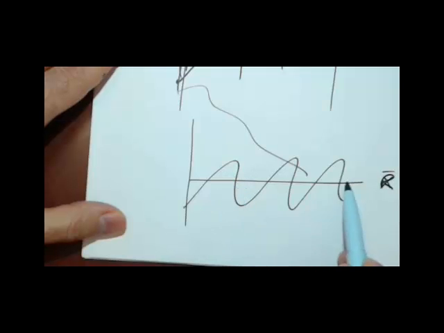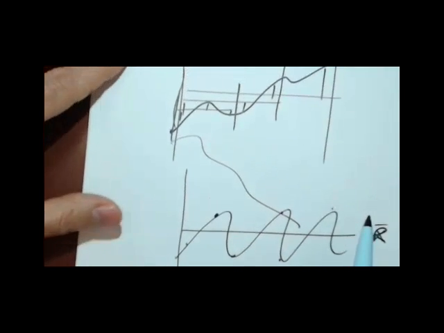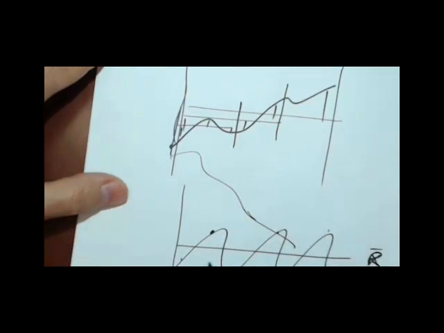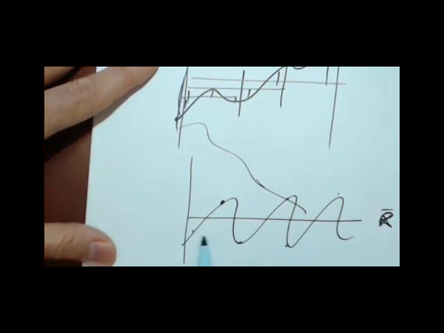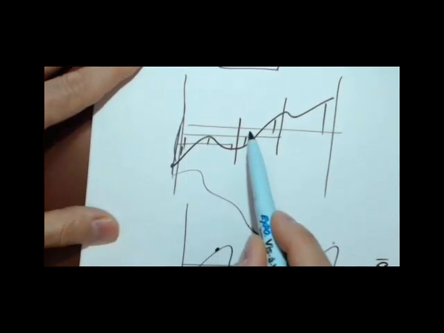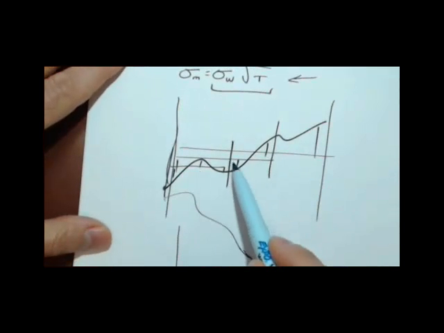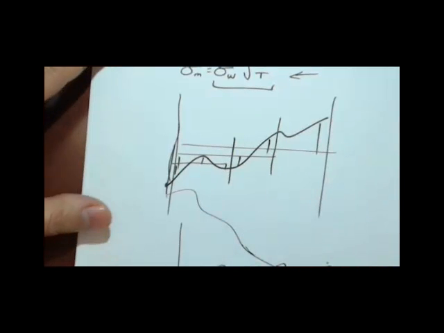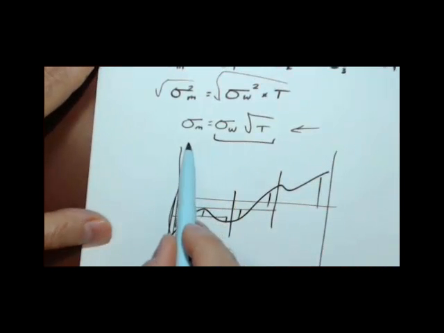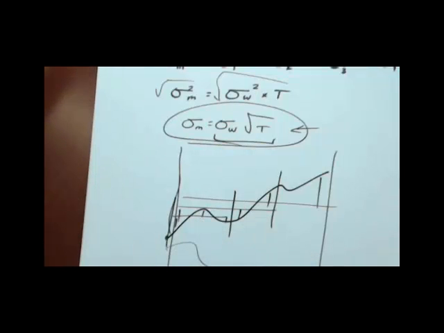Because if you're above the mean, it means you're going to stay above the mean for a while, and then you're going to fall below the mean eventually, and then above, and below. There's predictability there. So with a random walk, there's no predictability. You may have something like this in the short run, but over the long run, the underlying stock price is going to wiggle up or wiggle down, and the volatility will compound according to this equation.